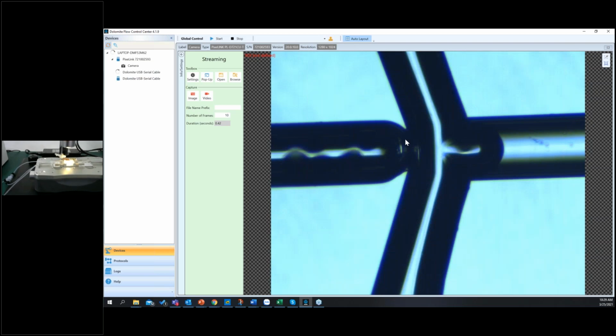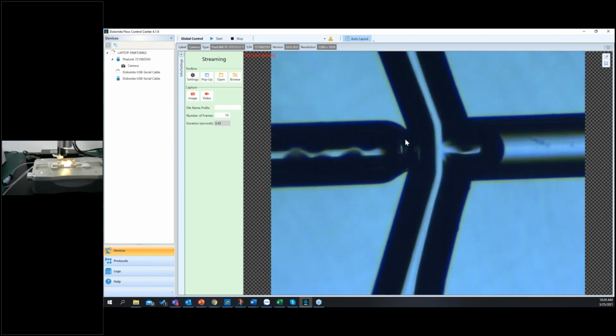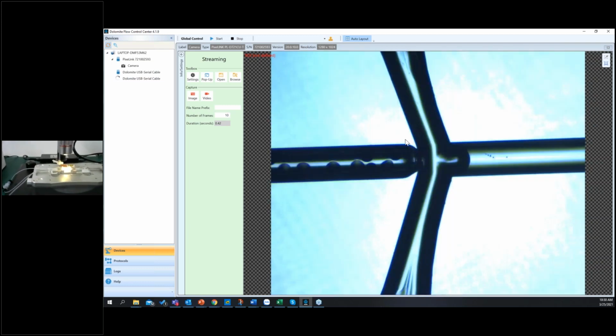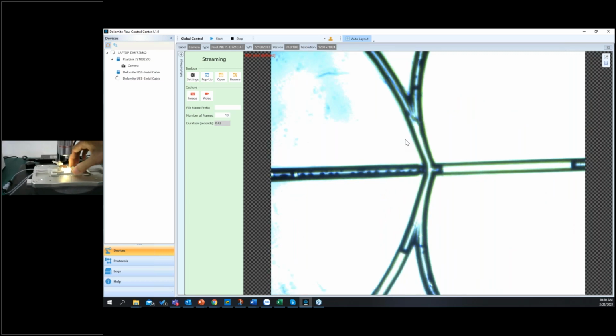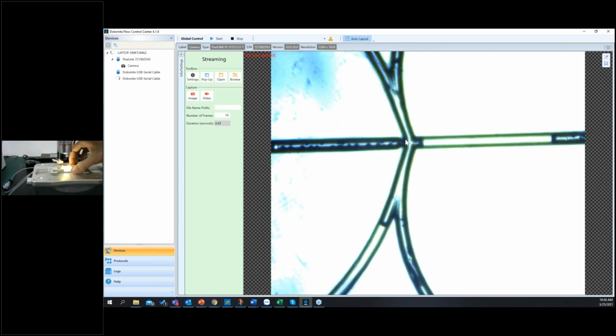This increases the lifetime of the chip by preventing particle deposition during the running application. So this is the 5-input chip.